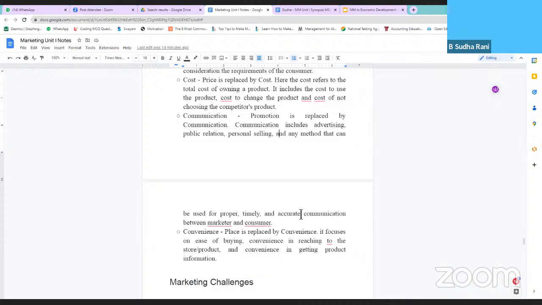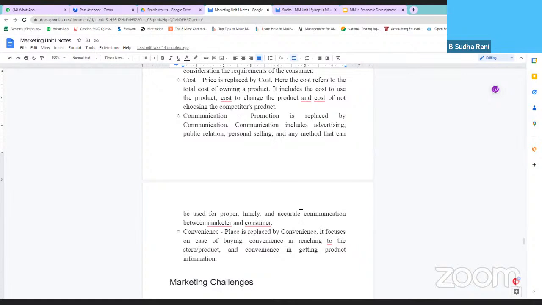But when you use the word communicating, from the customer's point of view, it says that you are giving awareness and information about the availability of the product to your consumer. So you're leaving it to your customer to decide whether to buy or not, based on your information. That is communication. Next, place.